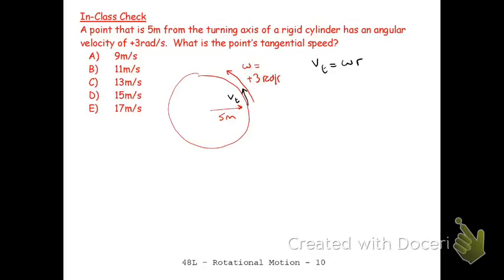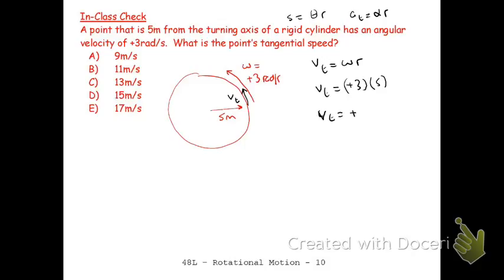To begin with, I'm going to say S is equal to theta r, Vt is equal to omega r, and At is equal to alpha r. So then I can say my Vt is simply +3 times 5.